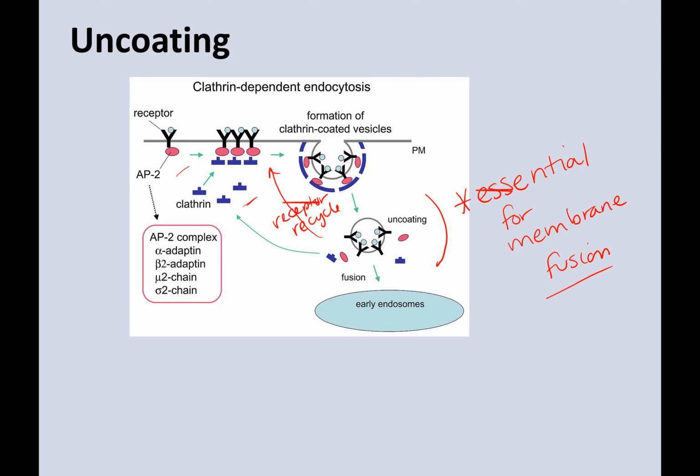So in order for that vesicle to fuse, perhaps with an early endosome or with the Golgi or wherever it's destined, you have to uncoat it. So now you're back to membrane for fusion. Uncoating is thought to be very ATP intensive. So I think your book said like 3 ATP molecules per triskelion, so really expensive energy, or a very energy rich process.